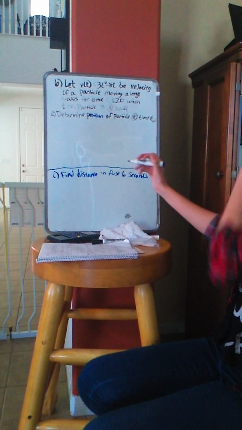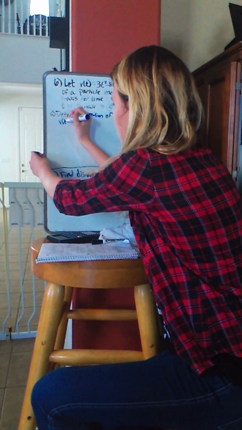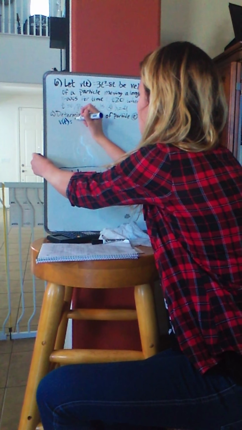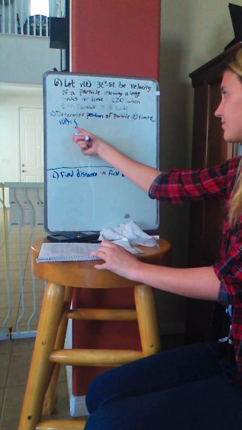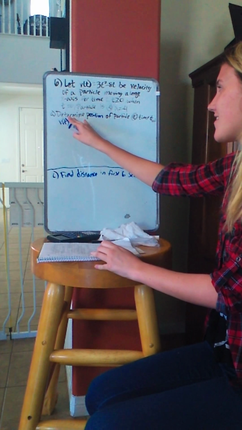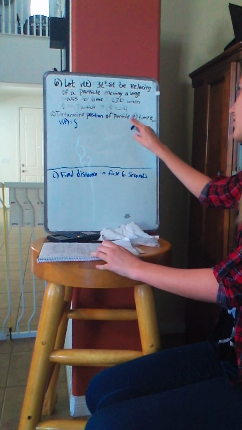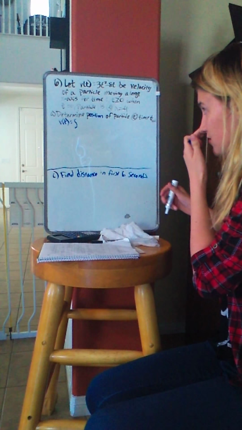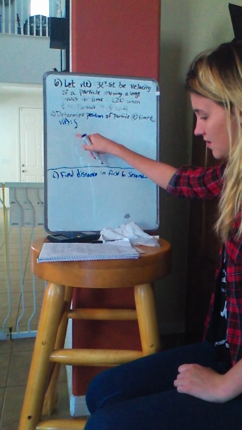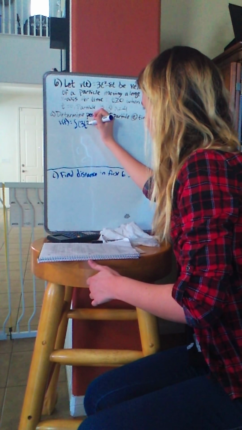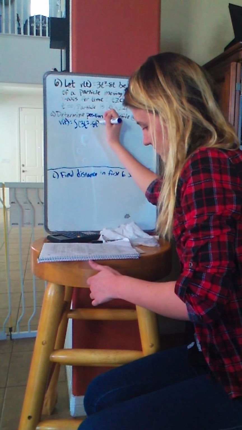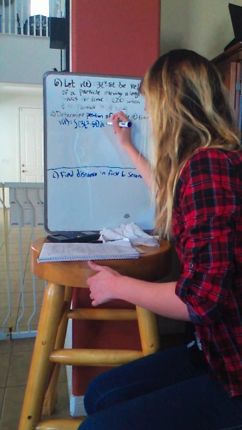So first we're going to have v(t) equals the integral. And for part a, it says determine the position of the particle at time t. So the integral of 3t squared minus 8t dt.